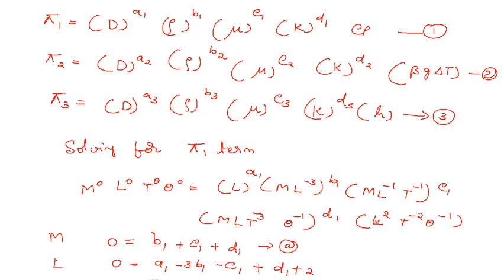Let us do the next one, T, and I can name this equation B. Coming over to T, equating 0 on the left hand side is equal to minus c1, then minus 3d1 minus 2.